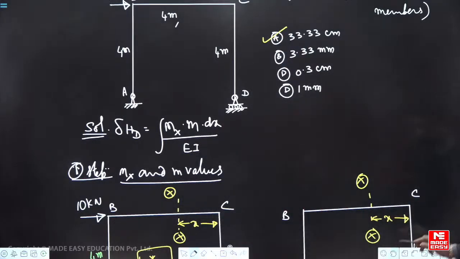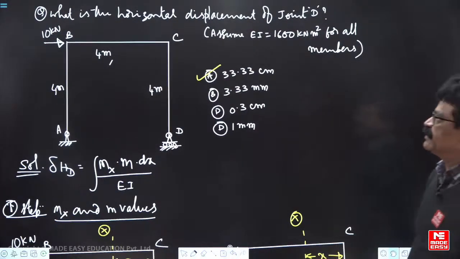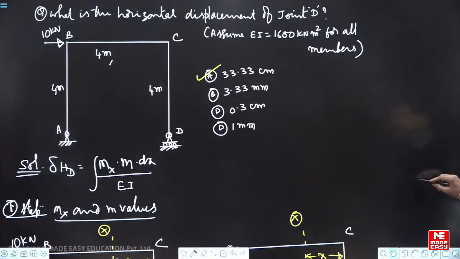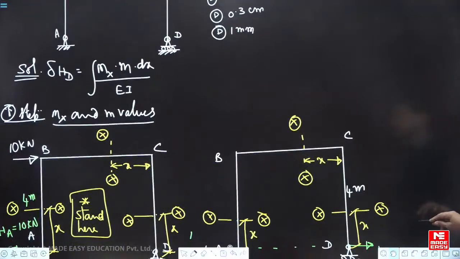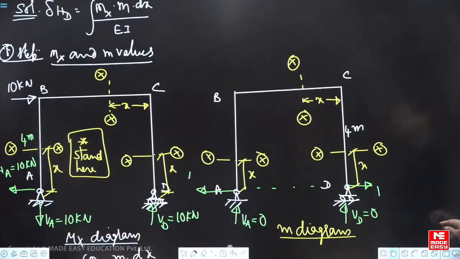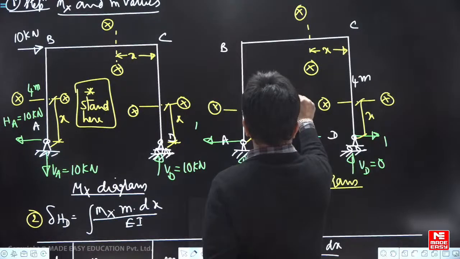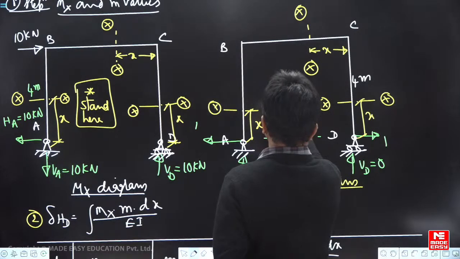Like this. Just observe the process. Allotted time 2 minutes in the exam. Horizontal displacement, they will give you EI values. So delta HD. First you will find mx and m values. You are standing here, here also you must stand here. Symbolically you will stand here.